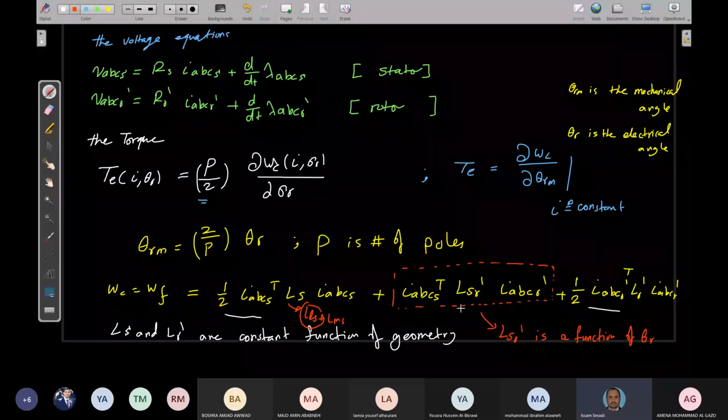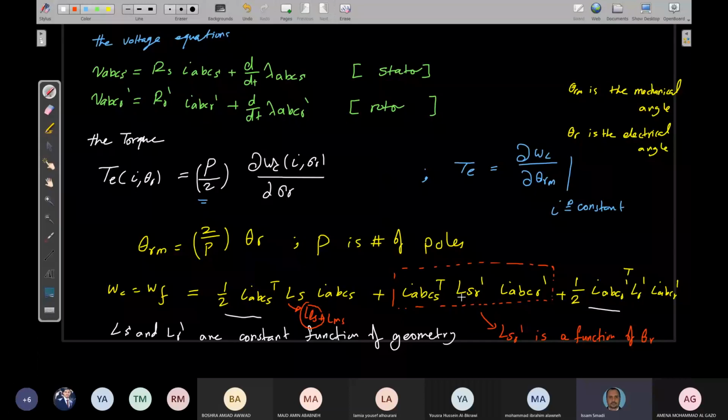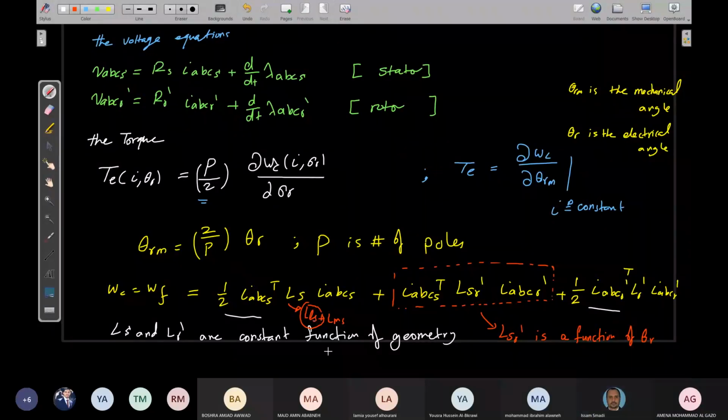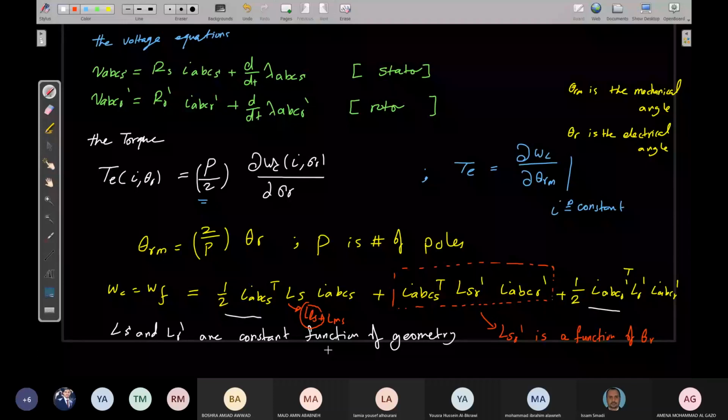So by definition, this one does not include the leakage inductance. Did I answer your question? Yes. Good.